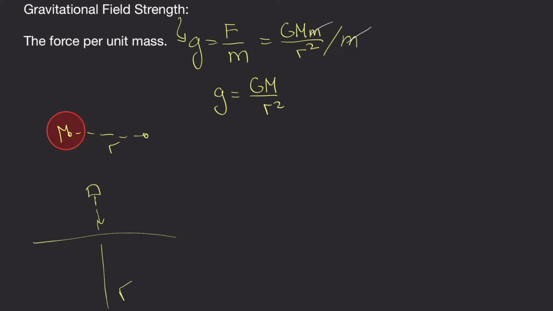Okay, so there's going to be a gravitational force which is acting on it, and the net force, or the sum of all forces, is just going to be equal to GMm over r squared. So this means that our net force is equal to mass times acceleration, which is equal to GMm over r squared.